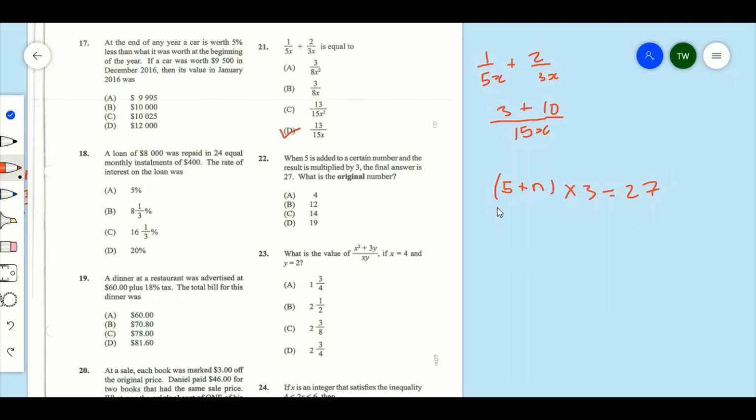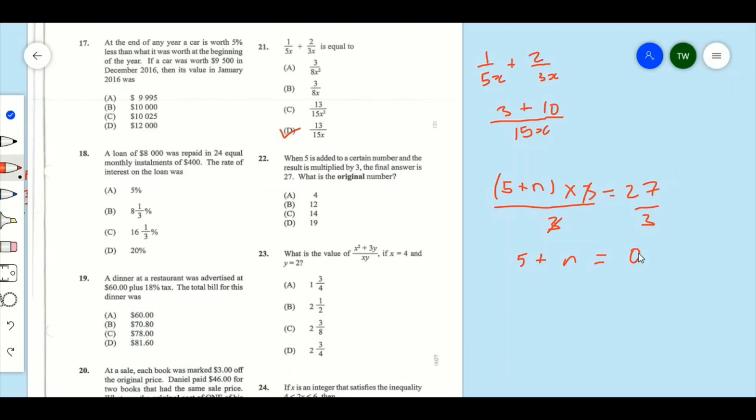Now they need us to determine the original number. So here, we're going to divide both sides by 3 because we want to get rid of this times 3 here. We divide both sides by 3. 3 is cancelled by 3. So what we're left with is 5 plus n is equal to 27 divided by 3.